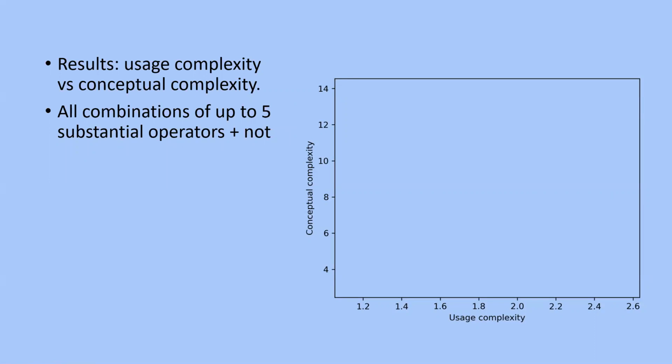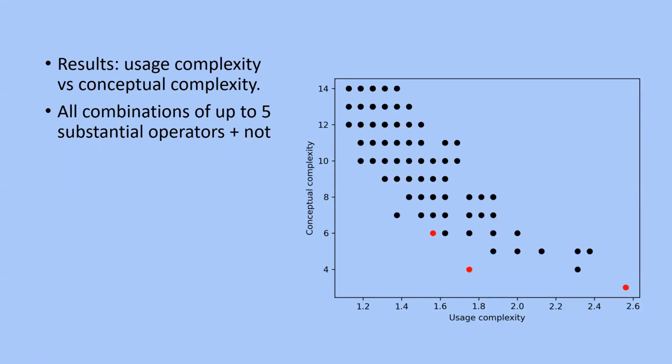We use all combinations of up to 5 substantial operators. That means operators that make use of both the arguments, plus "not", which we assume is lexicalized for independent reasons, and so we assume is part of every language. And each point here corresponds to one language or more languages, because they can overlap with each other.